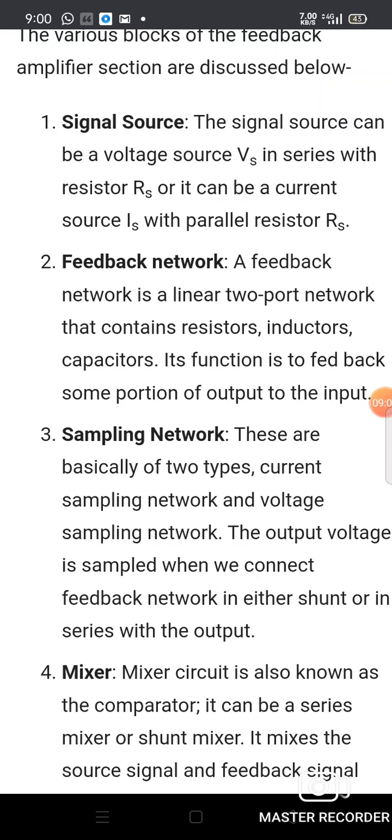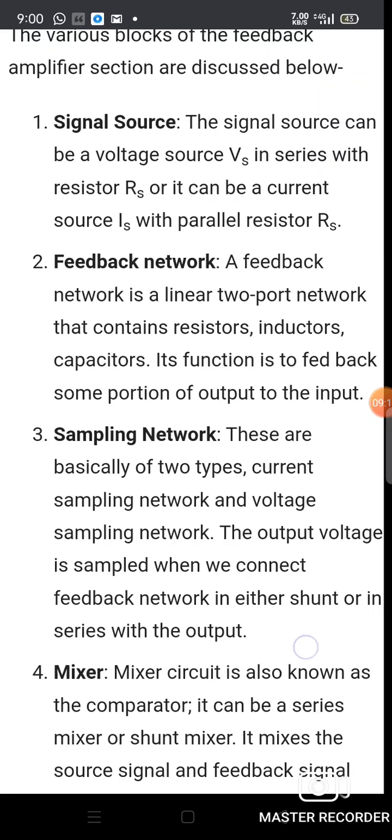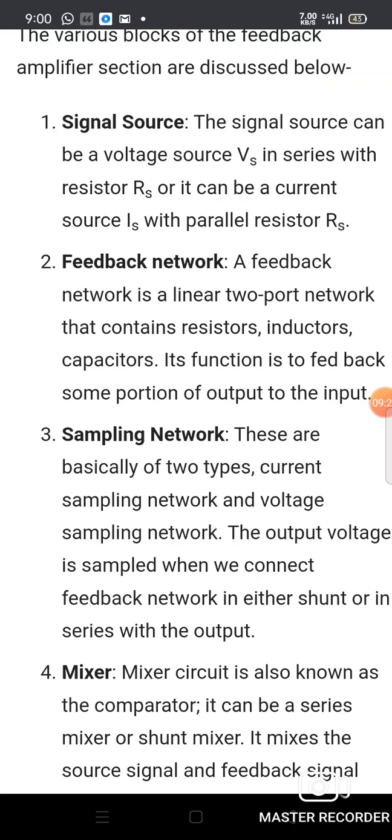That's why I said Vs plus or minus Vf. Vf is the feedback signal and Vs is the source signal, right? Their consideration is either positive or negative. If you take the positive, that feedback connection is positive feedback. If you take the negative, that feedback connection from output to input is negative feedback.